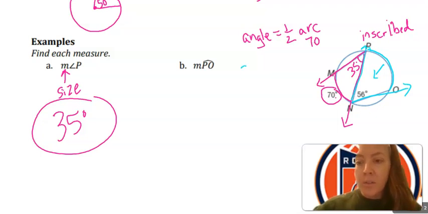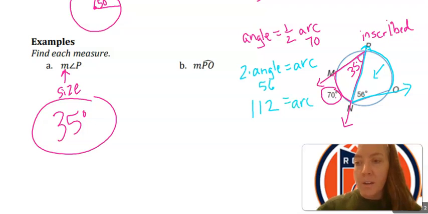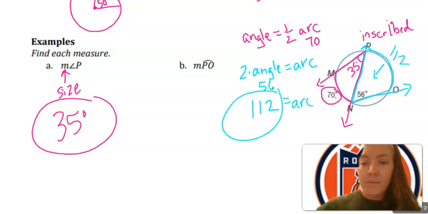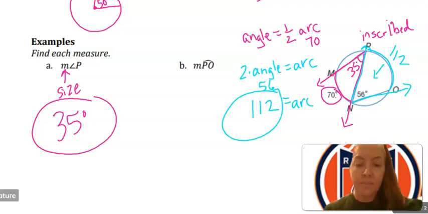We also know that 2 times the inscribed angle is equal to the arc. So now we know the angle is 56, and 2 times 56 is 112, and that equals the arc. All right, so we can use that relationship either way.